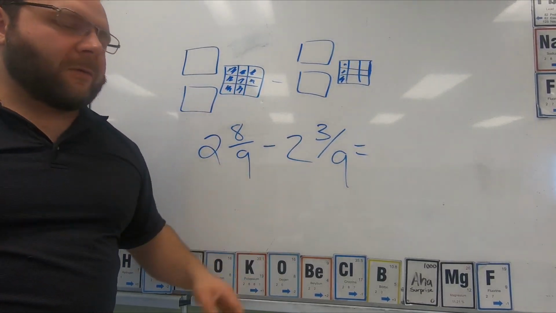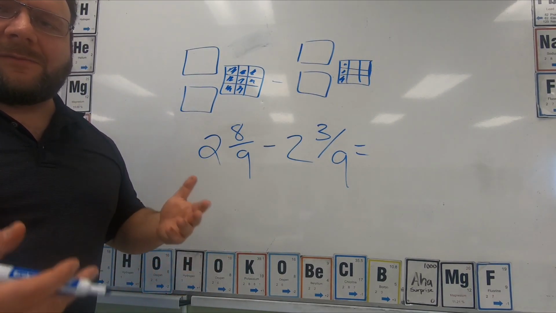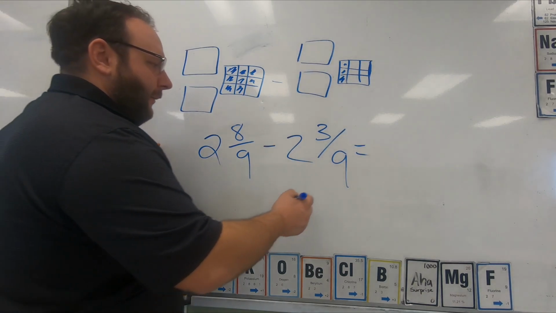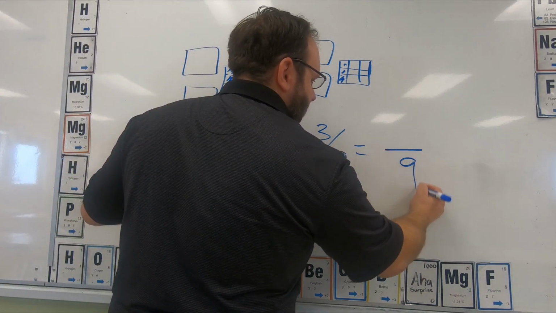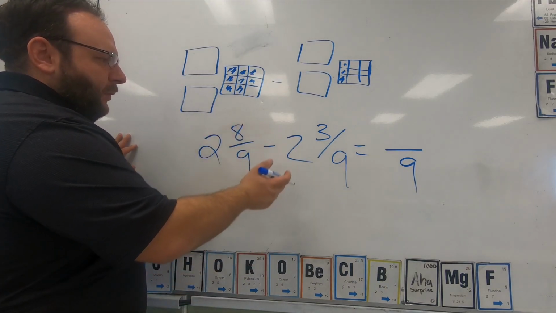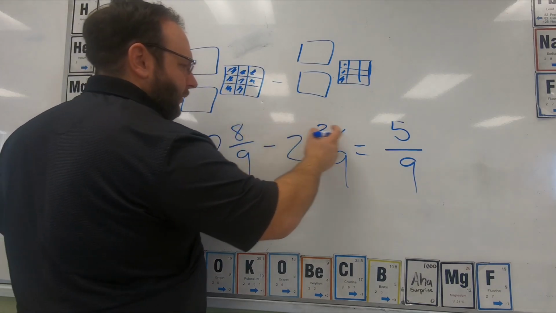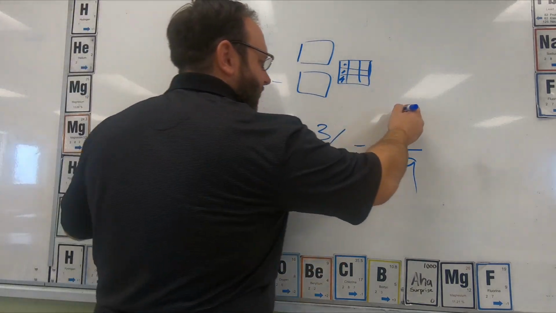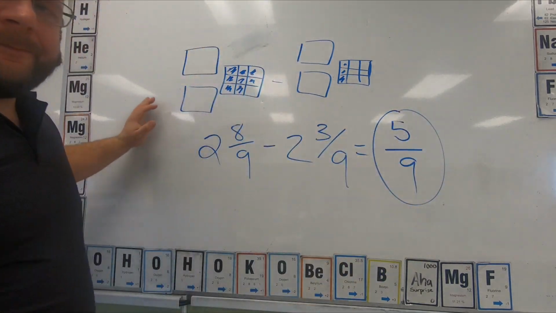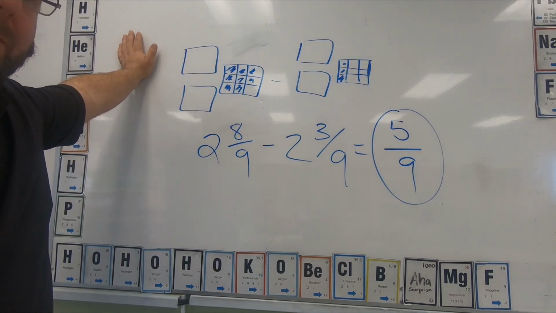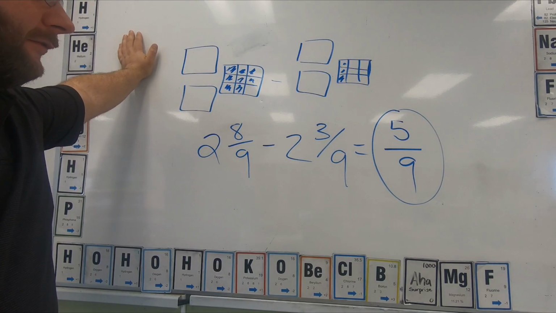Because your denominator is already the same, you don't need to find a common denominator. So your answer is already going to have 9 as your denominator, which means we can just subtract. 8 take away 3 gives us 5, and our whole numbers 2 take away 2 is 0. So this answer is just simply 5/9, which can't be reduced. So either way, that's one way we can look at this.